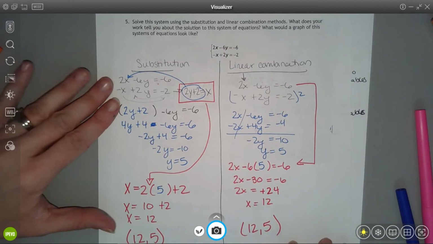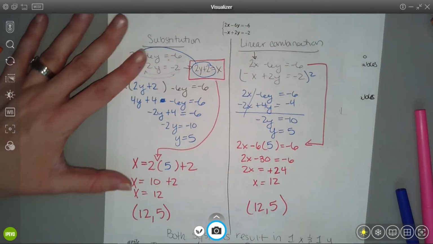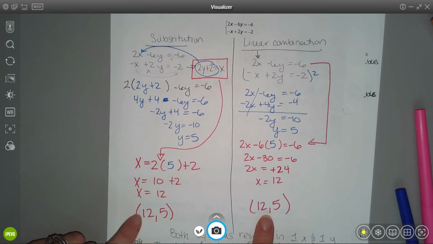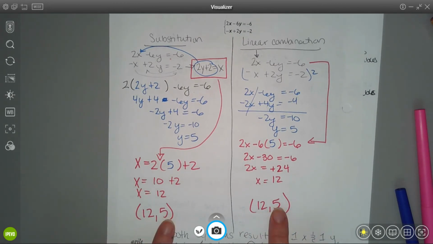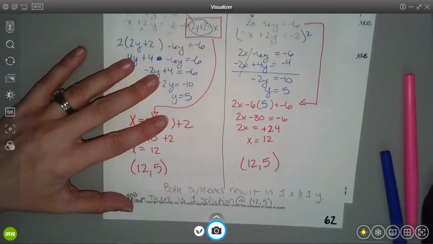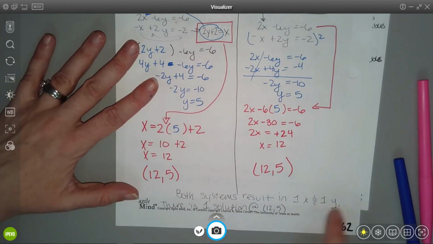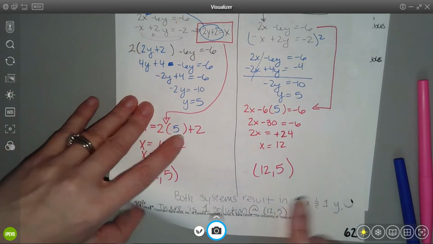Here I show you how I go through and do it. Again, doesn't matter which way I go, I get the same solution. My x is 12. My y is 5. That means both systems result in one x and one y solution. That means there is one solution where these lines cross, and that is at the point 12, 5.